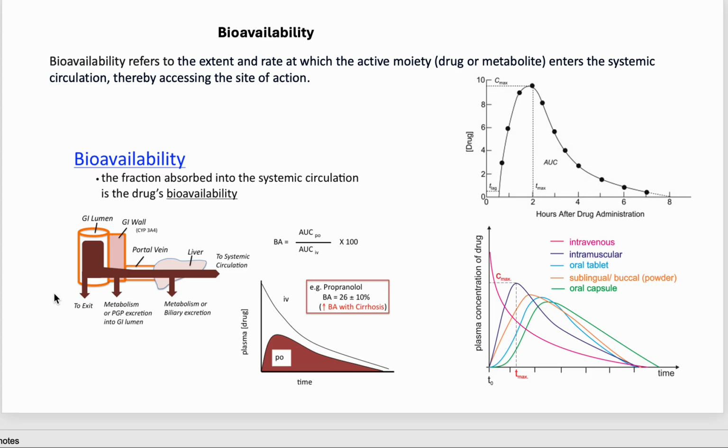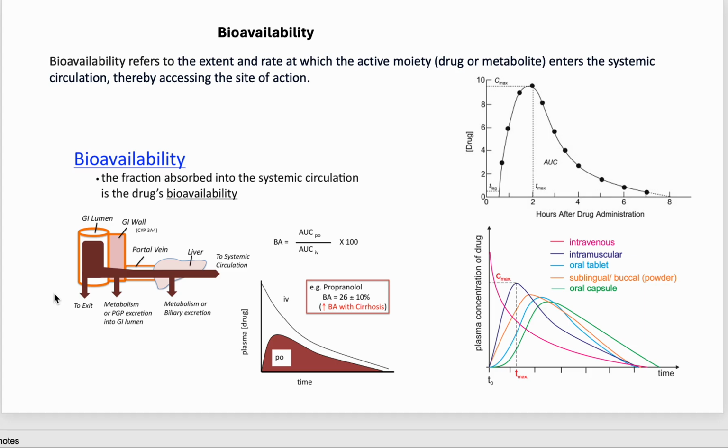So, bioavailability, the fraction of administered dose of a drug that is unchanged when it enters the systemic circulation. Suppose you took a drug, say 20 mg, and 20 mg of that drug was available to the body.